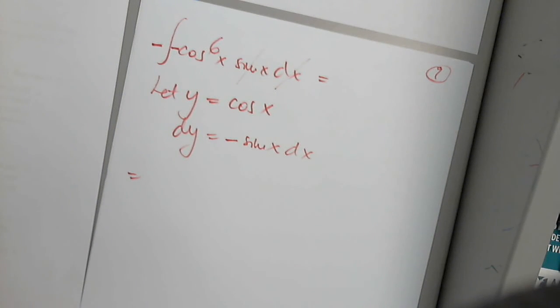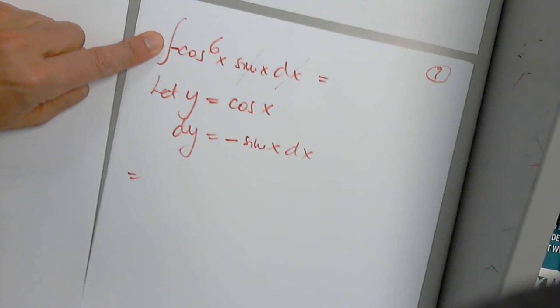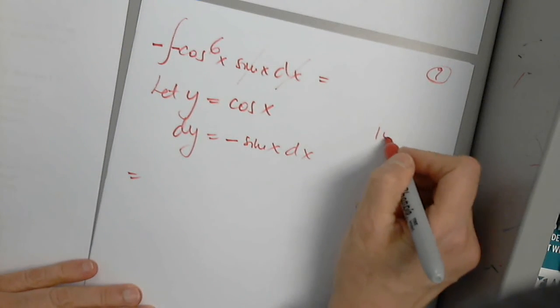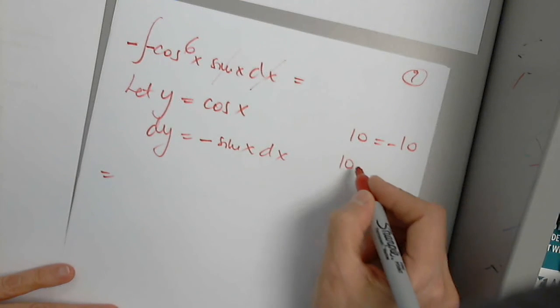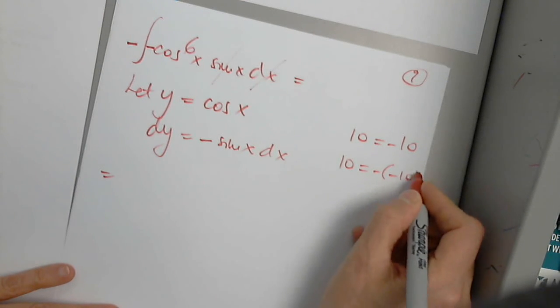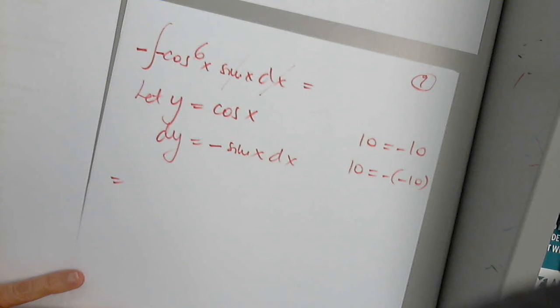Yes, Vanessa? Why do you put it on both sides though? Because if I put it just once, I'm changing the number. So if I put it twice, I didn't change anything.